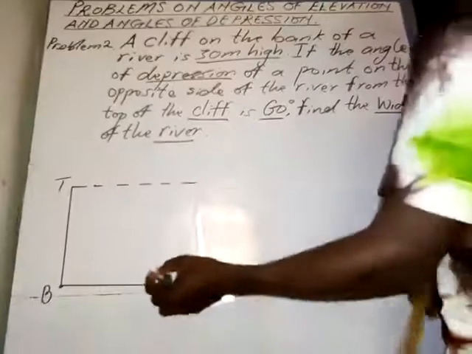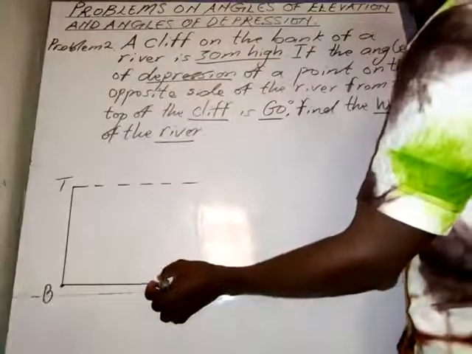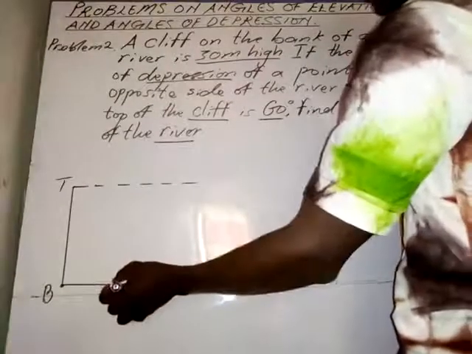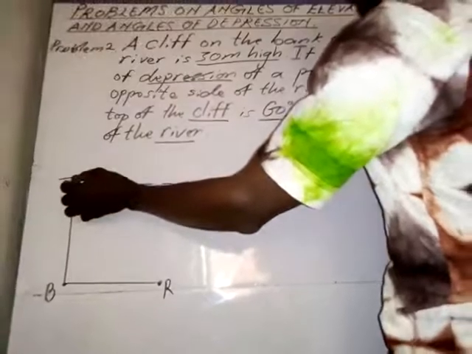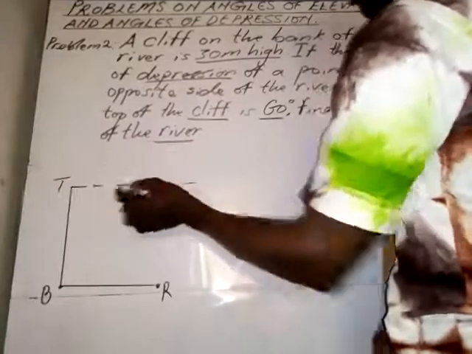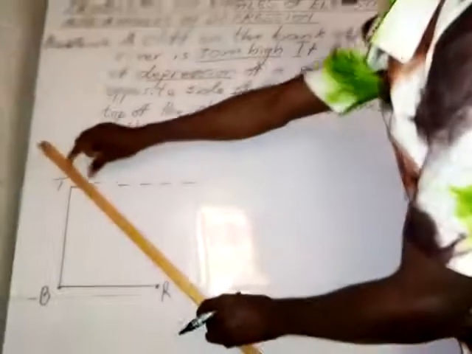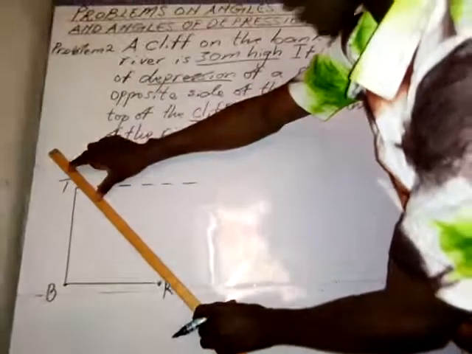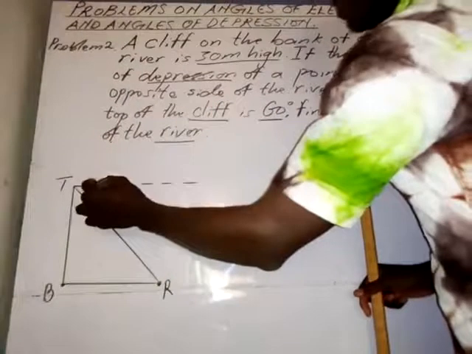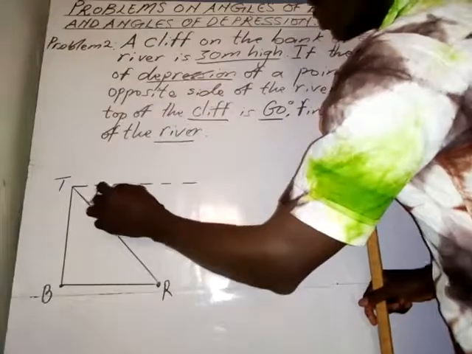But because he's looking at the flowing of the river, it makes an angle of 60 degrees to this horizontal line. So the line of sight of the observer goes in this direction.